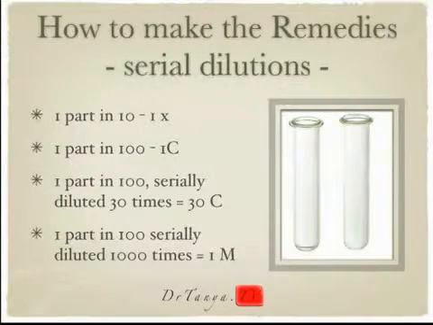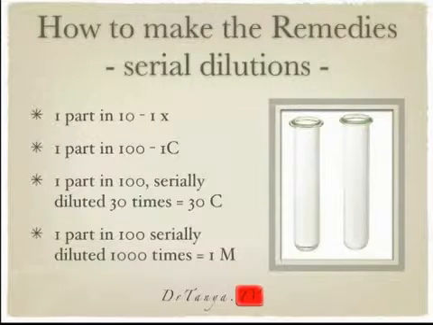If you do that again, take 1 part of that diluted substance, 99 more parts of some kind of mixture, water or lactose, and succuss it or grind it up again, that gives you a 3C. So if you did that several times, 27 more times actually, you would get a 30C. So at this point it's highly dilute. And some people do make their own remedies, and you can imagine it's very labor intensive.